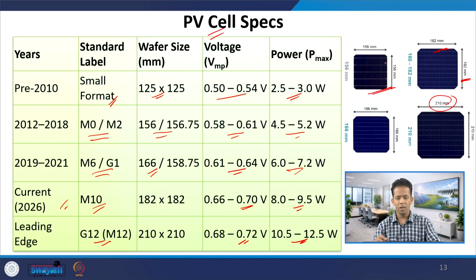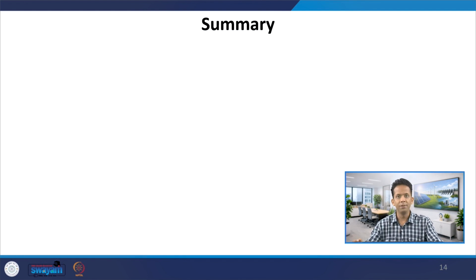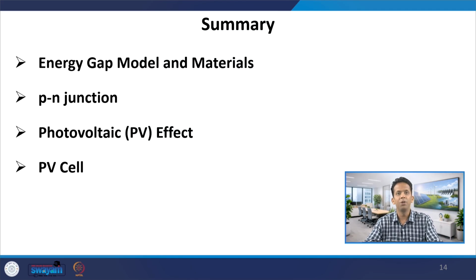So this is how PV cell specifications have evolved over the years, and that was all about the basic introduction we needed before going into solar PV systems. What we learned today was the concept of energy gap, the forbidden energy level between the valence band and the conduction band, which helps us classify materials.